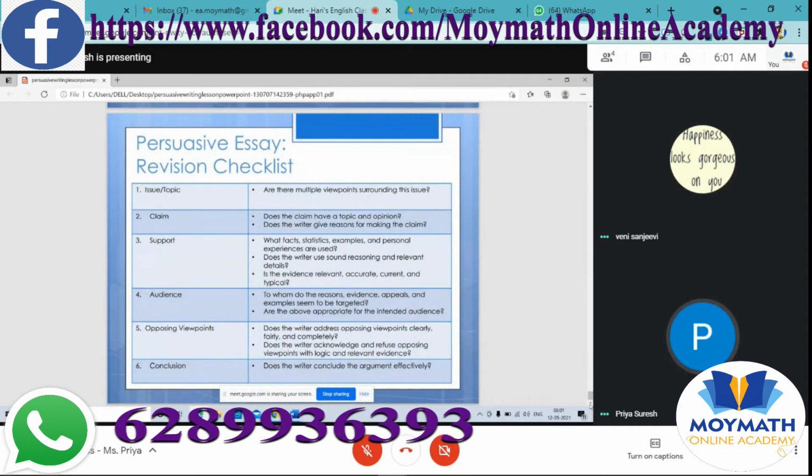Do I read it? Slowly you read in your mind, okay? Make sure that all this is being included in your persuasive essay. Make sure that you counter your opposing viewpoints.